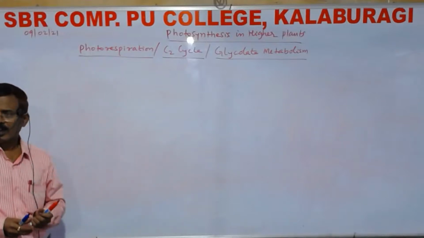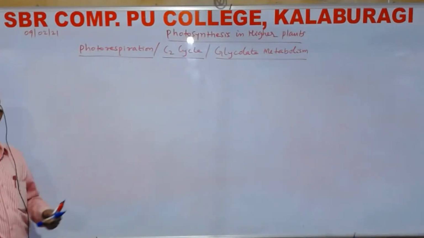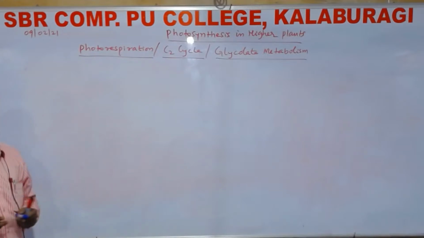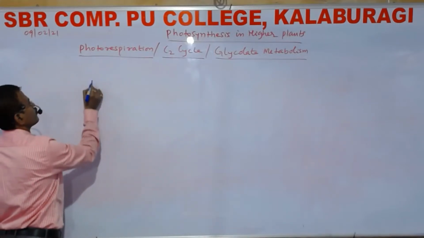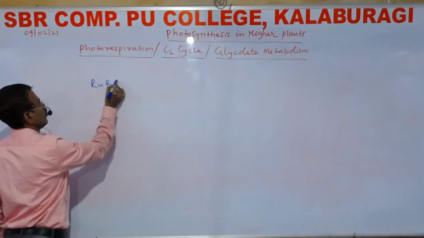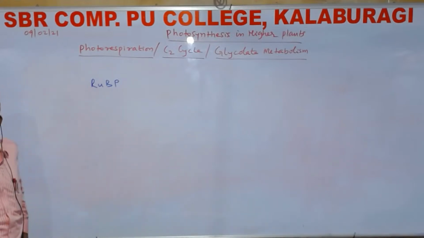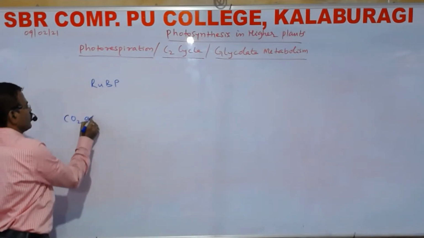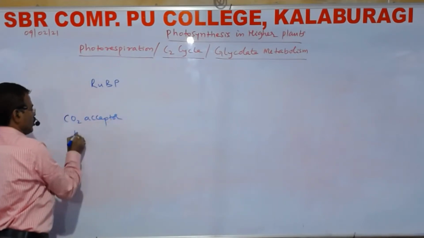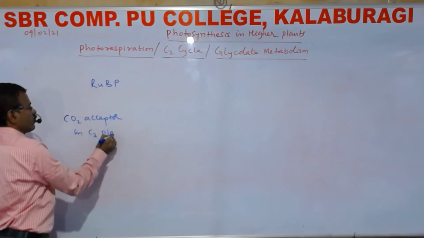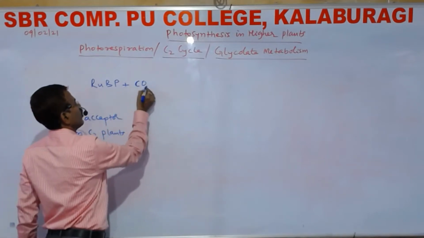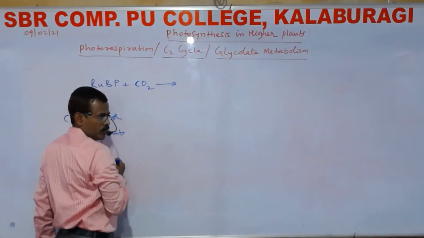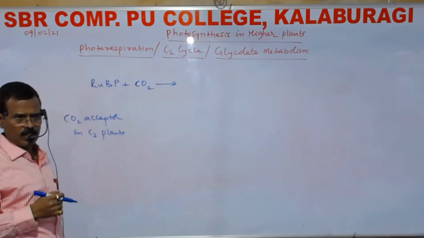Class, we learned the definition and in which plants photorespiration occurs, that I have mentioned. During photorespiration, ribulose 1,5-bisphosphate, which is usually a carbon dioxide acceptor in C3 plants, is usually meant for accepting carbon dioxide and resulting in formation of a stable compound.